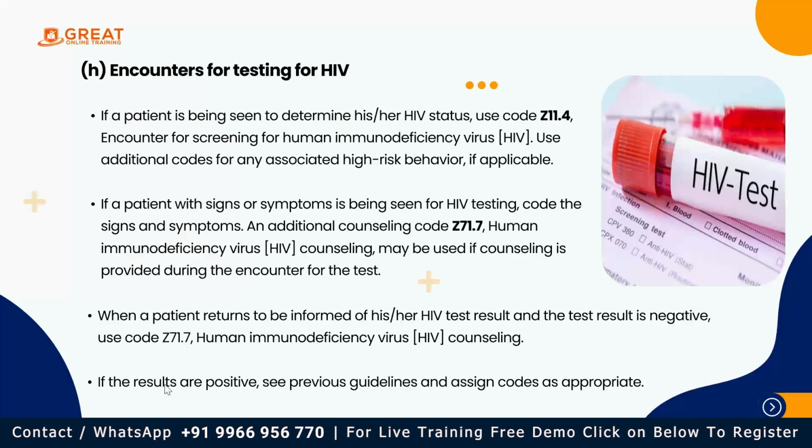If the results are positive, see the previous guidelines and assign the appropriate code. If test results are negative and the patient returns just to inform the provider, we use the counseling code.